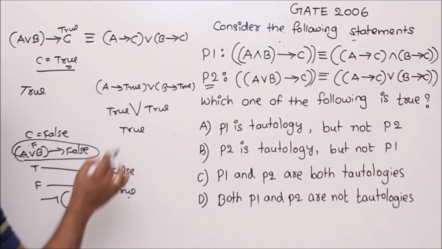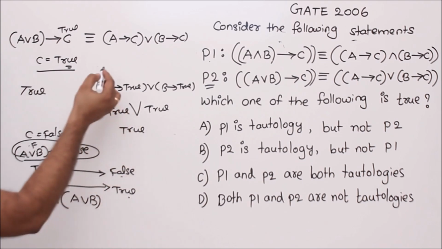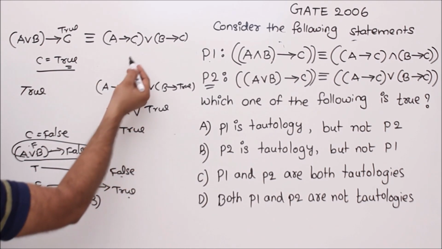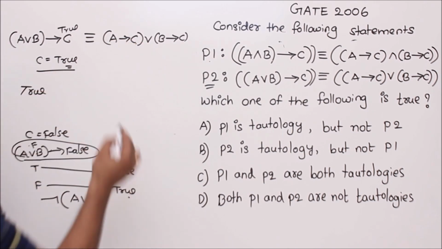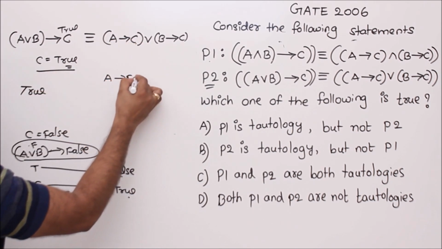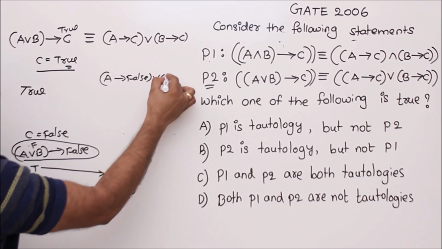Now with the same idea, if I substitute C value false, what happens? We'll see. Let's remove this point here. Now A implies false or B implies false.